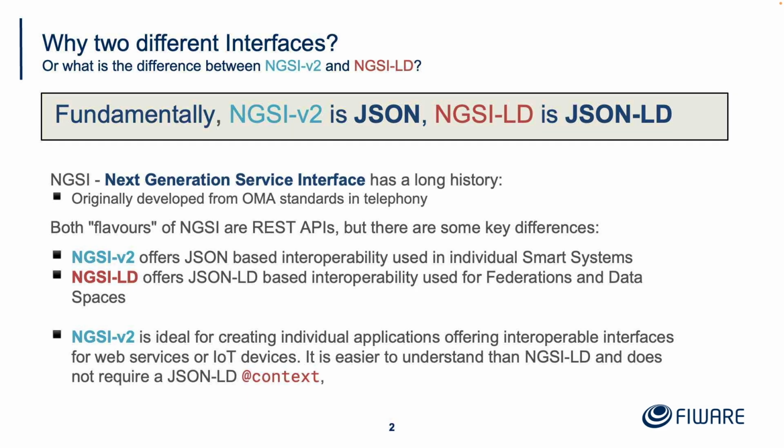NGSI-v2 itself, if you've got control, doesn't need any of this JSON-LD context, doesn't need any of this expansion and compaction. When you are in full control of your system, you get the benefit of interoperability through layering your microservices, and you are able to use all of this without the JSON context.